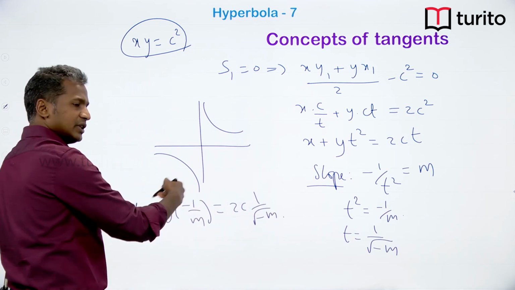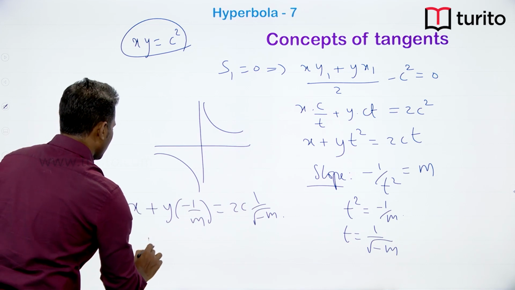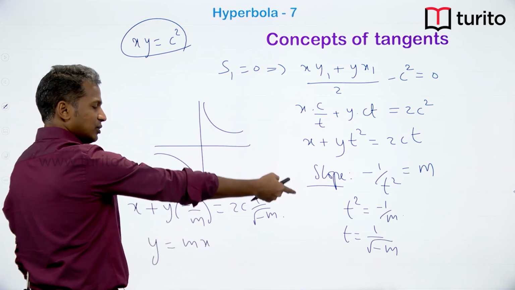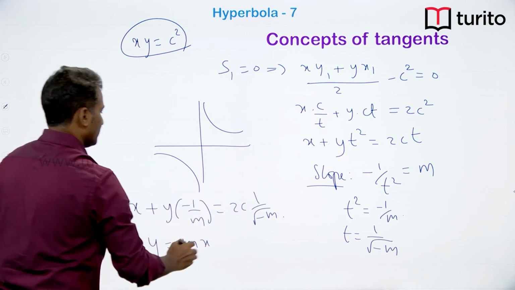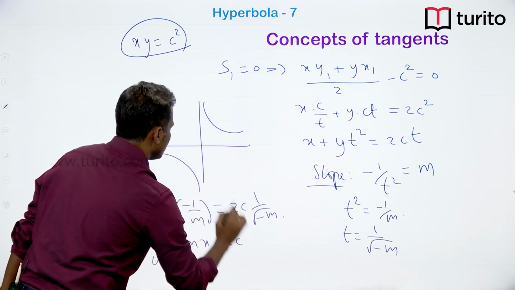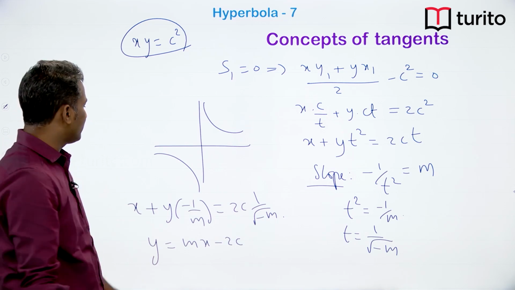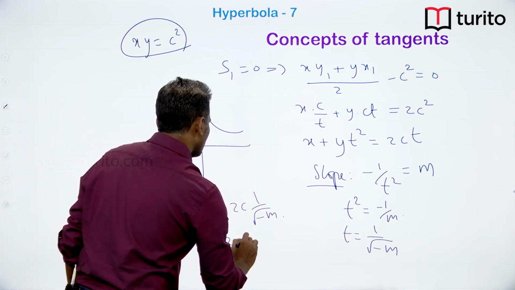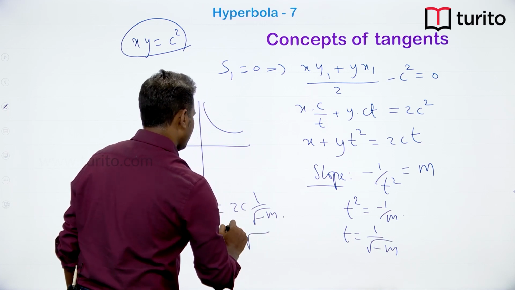Now, when I multiply with m here and simplify, I am going to get y equal to mx. We have to take y to the other side and this to this side, so it becomes minus 2c, and also we are multiplying with m, so it becomes root of minus m.